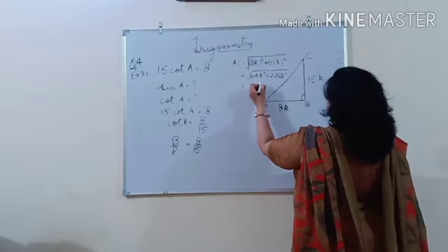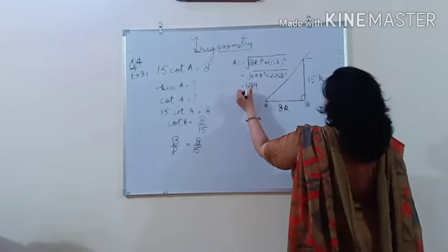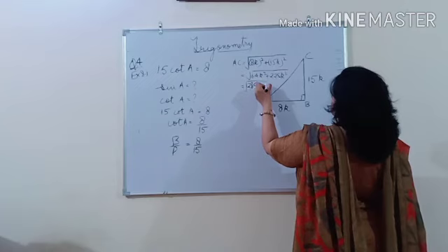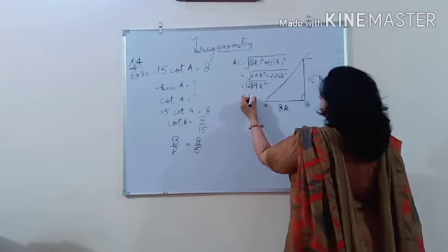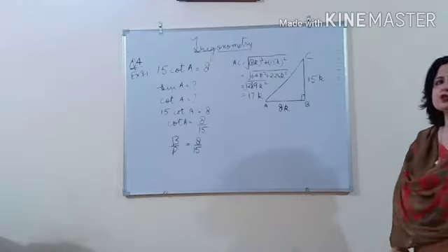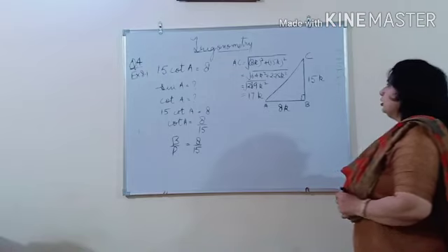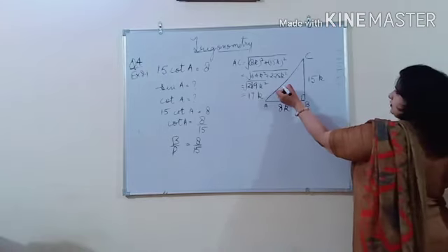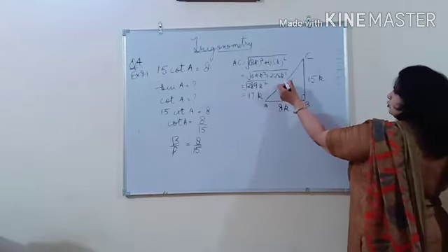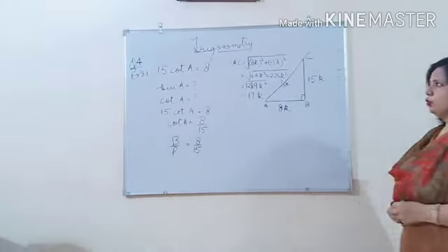This will come out to be under root of 289K square, or this will be 17K. Square root of 289 is 17, and K square when it comes out as square root will be K. Now this comes out to be 17K. This was not given and we have calculated this. Now what we have to find?